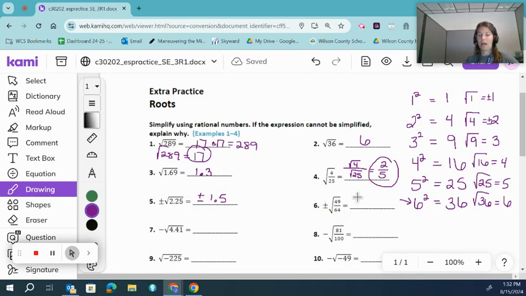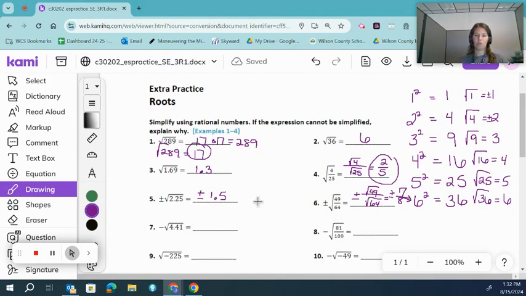And again, it's both positive and negative 1.5. And this one's going to be both positive and negative: the square root of 49 divided by the square root of 64, positive and negative 7/8.